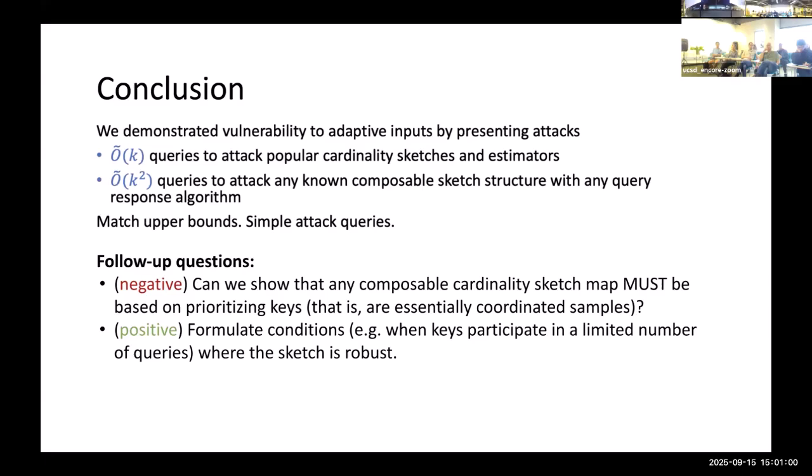For example, should we limit the number of times that each key is going to participate in the queries? So these are related questions to our work, and the first one and the second one partially are going to be answered in the next talk.